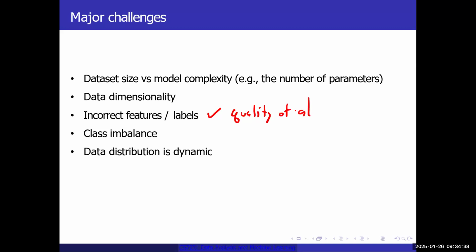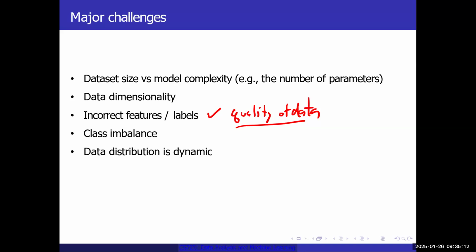And this quality of the data is very important because compared to the algorithm, if your data has incorrect labeling or maybe imperfect measurement, the algorithm will not save you, right? So even with very good data, a basic model can perform very well. So that is something that you have to be very careful about.